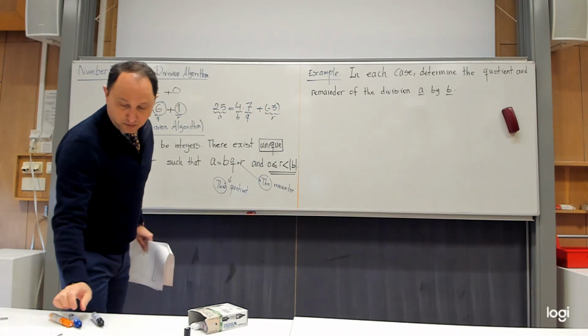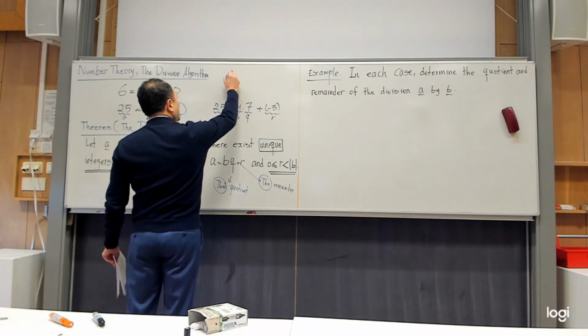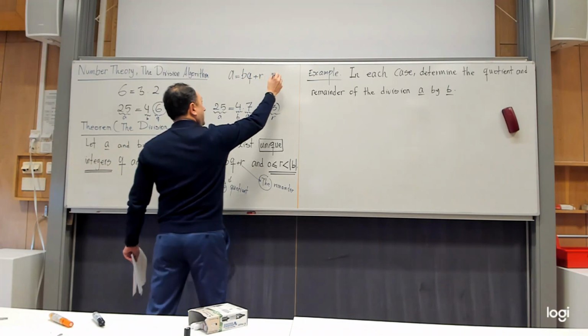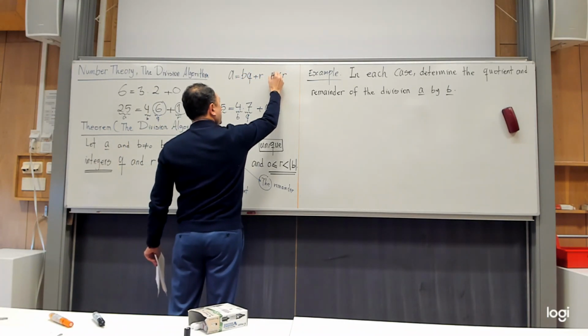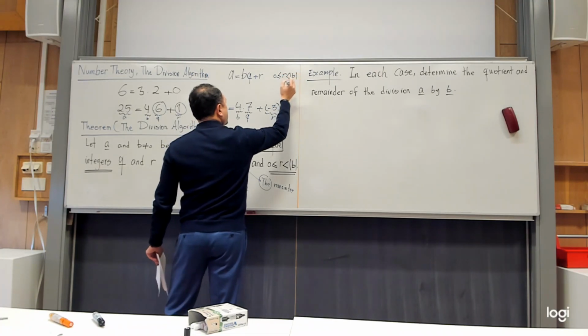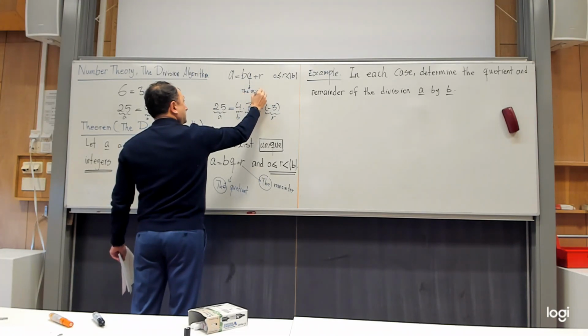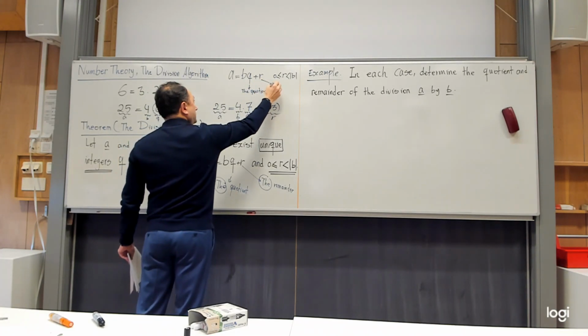Now, by the way, let me write these names. This is also good to know. When you write A is equal to BQ plus R, and if R is greater than or equal to 0 and is smaller than the absolute value of B, this I told you is called the quotient. This is called the remainder.